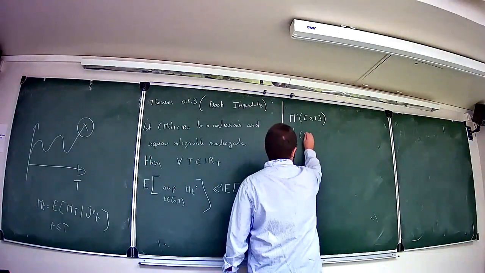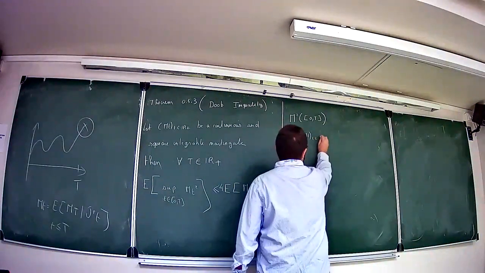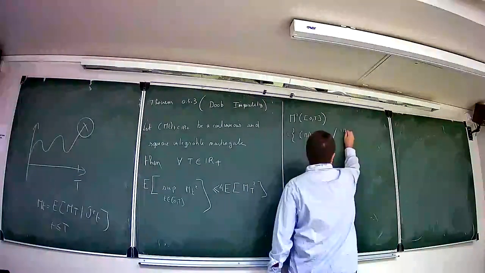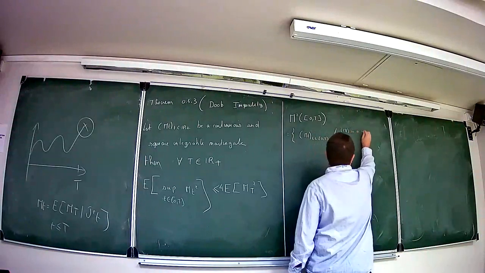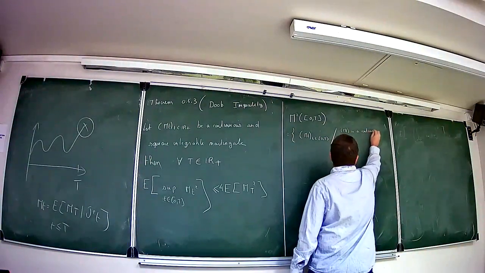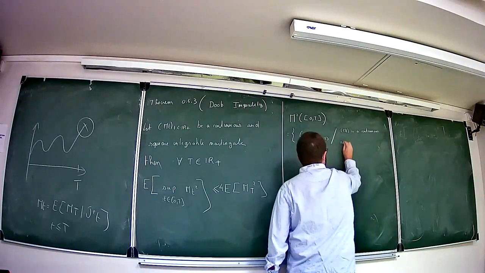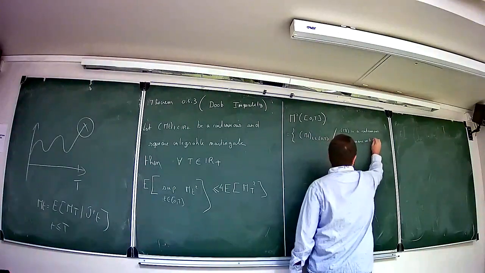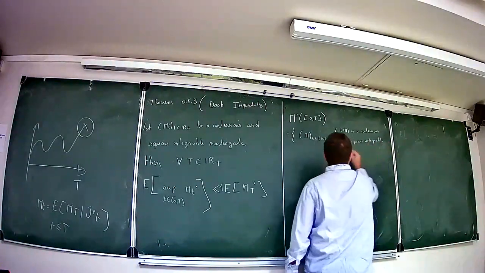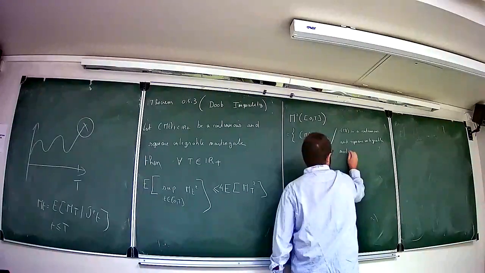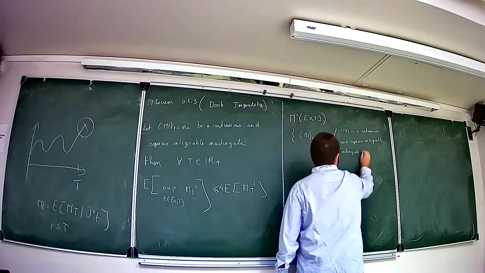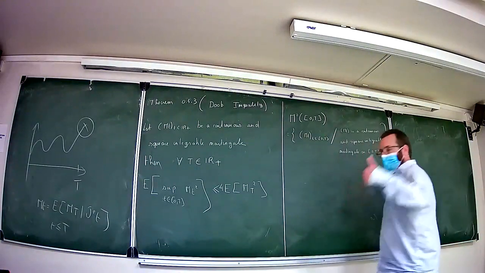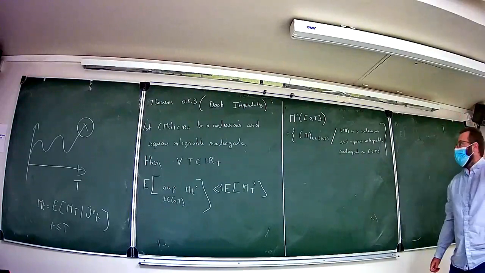So it's the set of the M_t, t belonging to 0 capital T, such that M_t is a continuous and square integrable martingale on 0 capital T. So continuous, square integrable, and martingale. Okay?